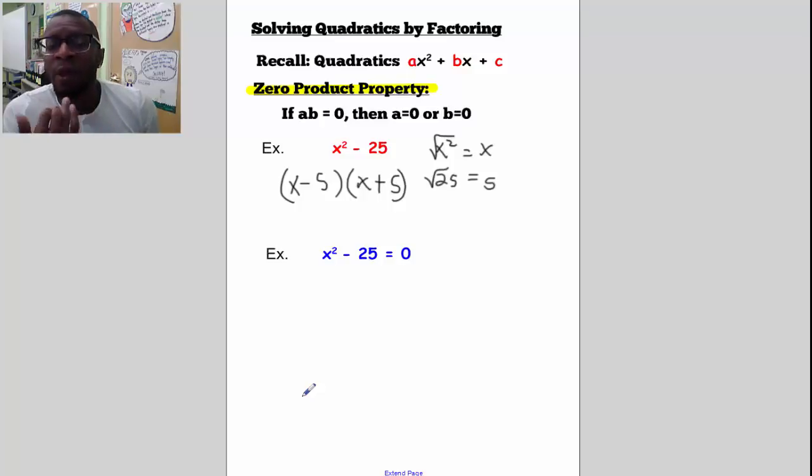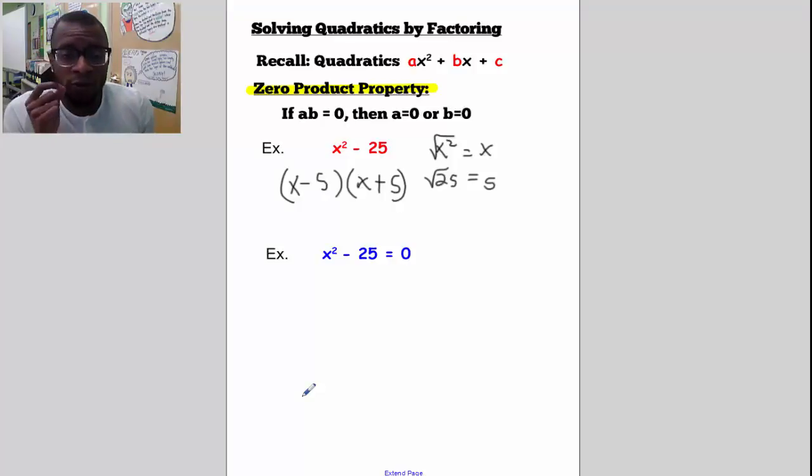Now, when we are trying to solve an equation, remember, an equation is where we have a variable and maybe a constant equal to some other variable and constant on the right-hand side. When we're solving an equation that involves quadratics, we are no longer looking for a product of two binomials.